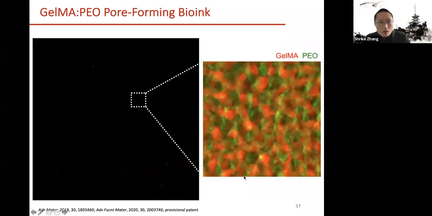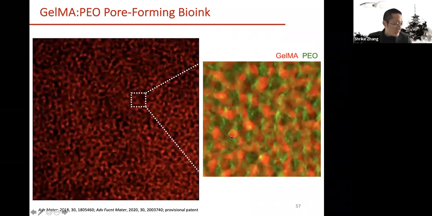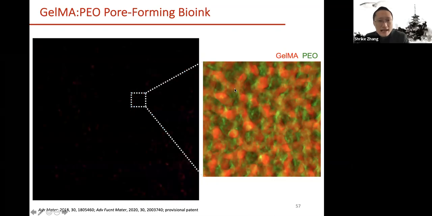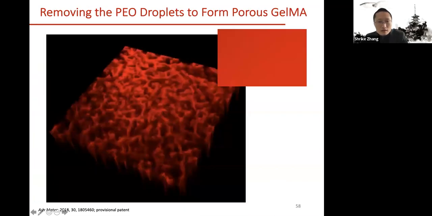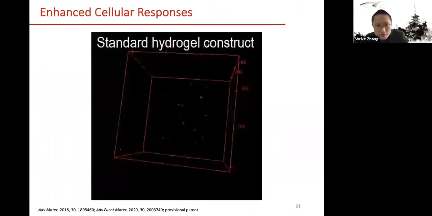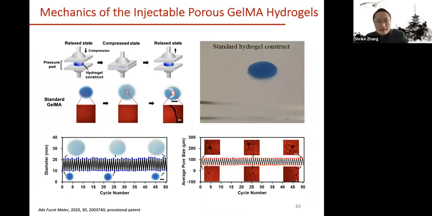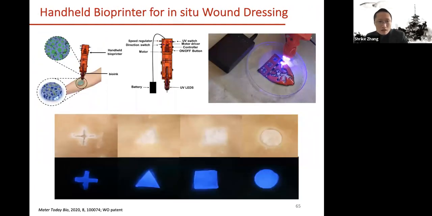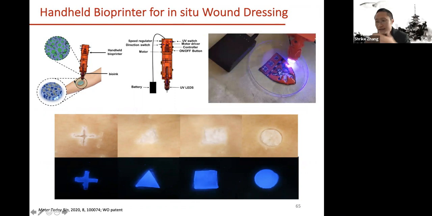So, okay, I don't have much time, so I'm going to skip this last section, but going all the way back to the last slide, as I mentioned in the beginning, we are also interested in in situ bioprinting.